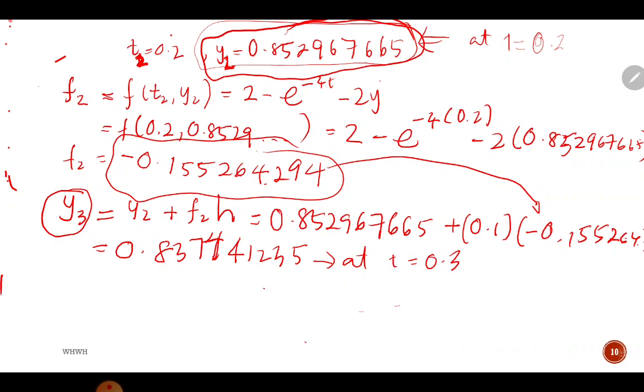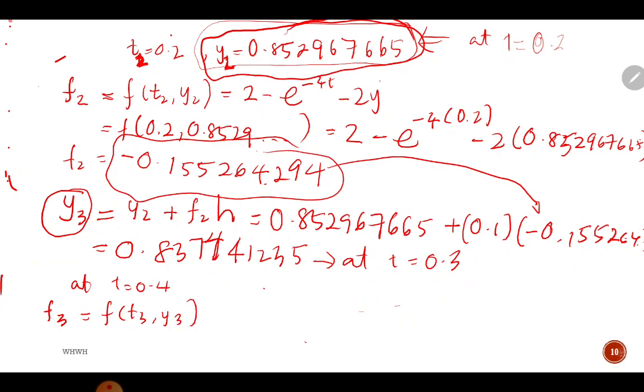So macam mana kita nak proceed untuk cari at T equals to 0.4 pula? Same step. Maknanya sekarang ni mula-mula kita kena cari F3. How to cari F3? F3 is equals to F(T3, Y3).